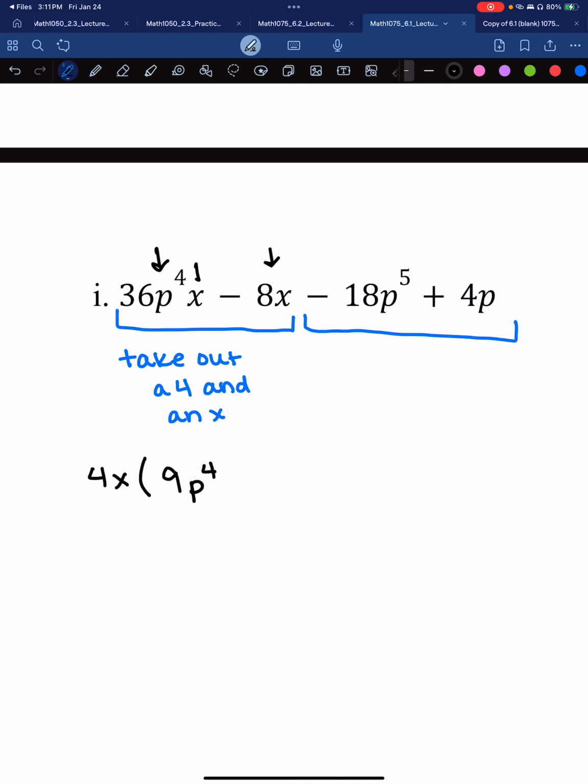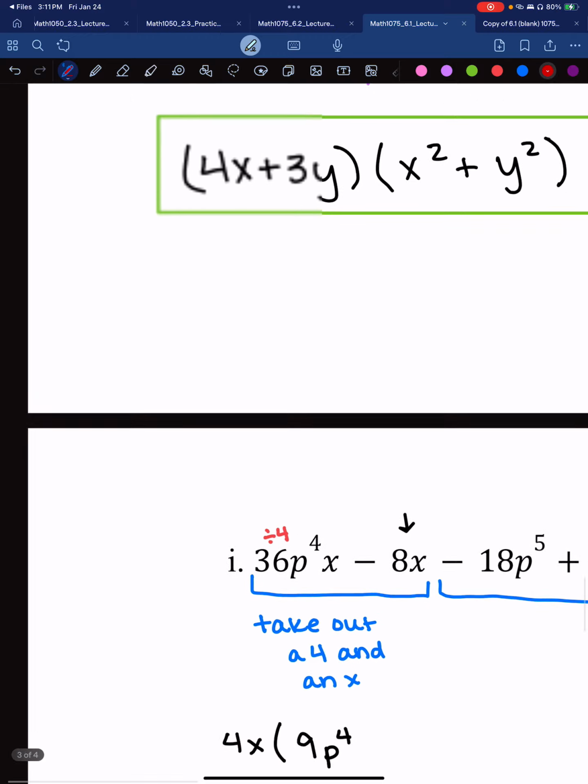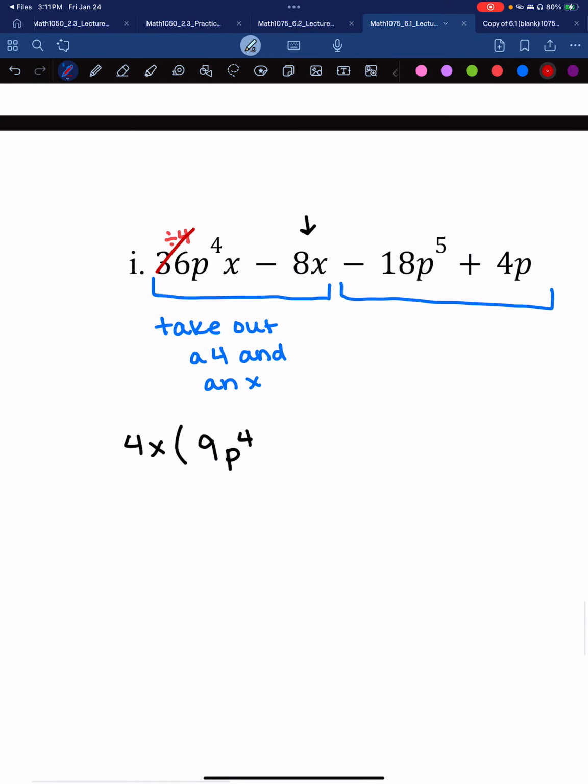But we did take out this x term, so we're going to get rid of it. It'll go away. So this becomes 9. This goes away. And then if we divide 8x by 4x, then this becomes 2 and the x's go away. So then I'm left with 9p to the 4 minus 2.